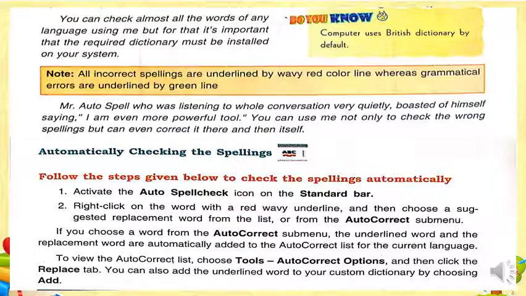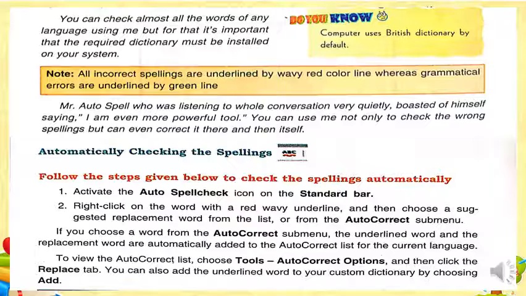Then Mr. Autospell, who was listening to the whole conversation, very quickly boasted of himself, saying, I am an even more powerful tool. You can use me not only to check the wrong spelling but can even correct it there and then itself.